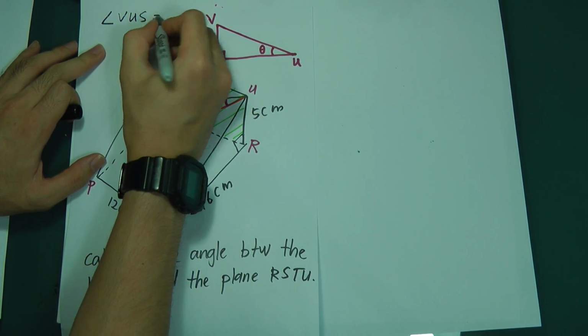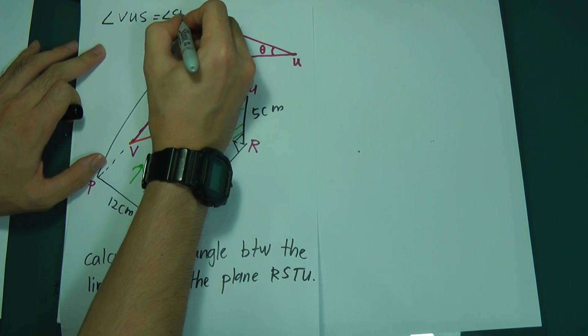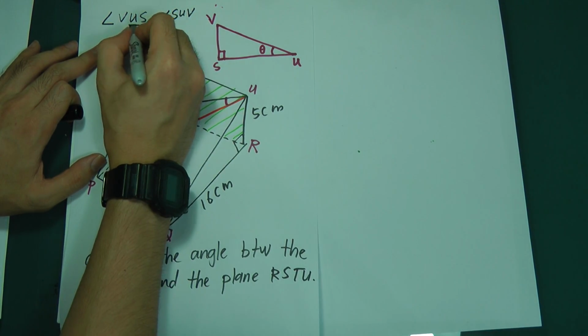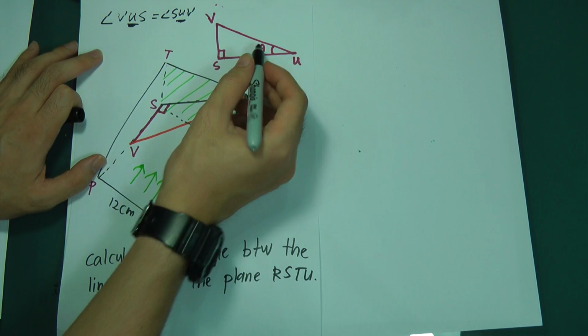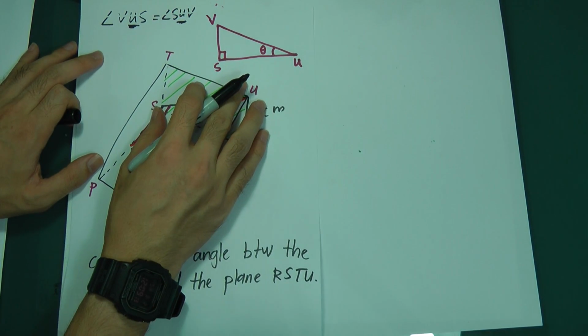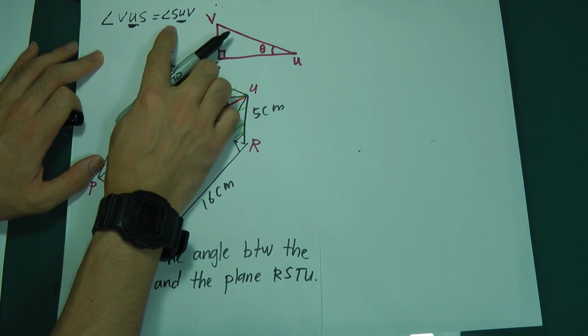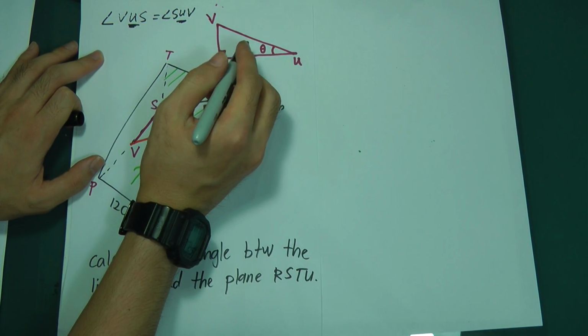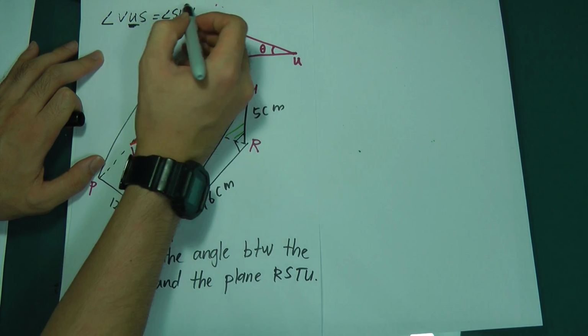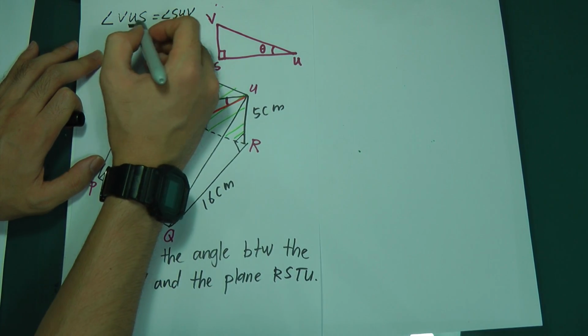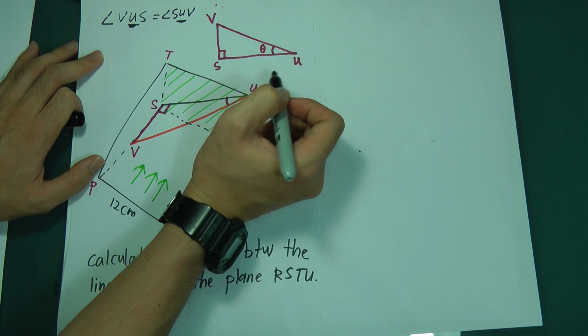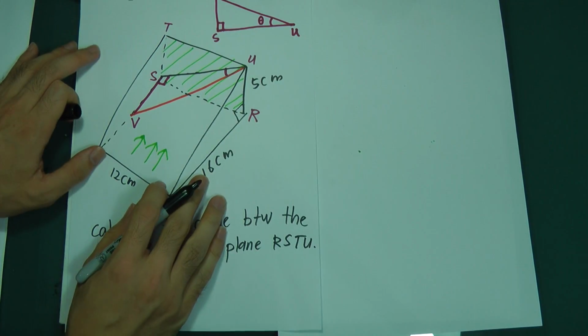As long as U is in the middle, they will know this is the angle. They always take the angle at the middle, which is U. Then you just need to solve it.